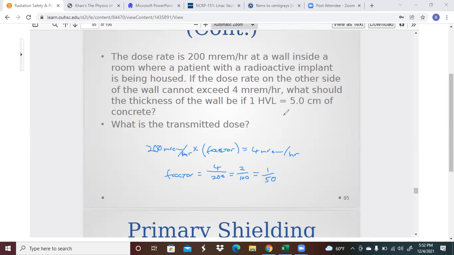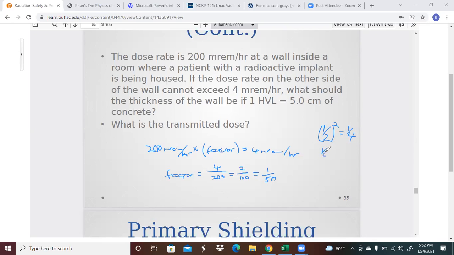So we know here that it's going to be a little bit difficult for us to present in half value layers, just simply because 1/2 is not the same as 1/50, and if I square it, that's 1/4, which is not quite the same.